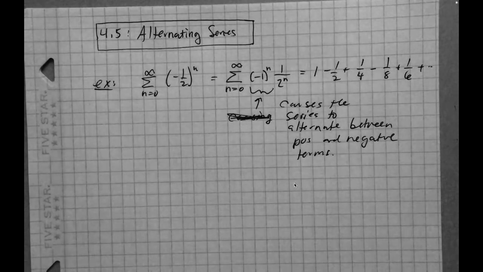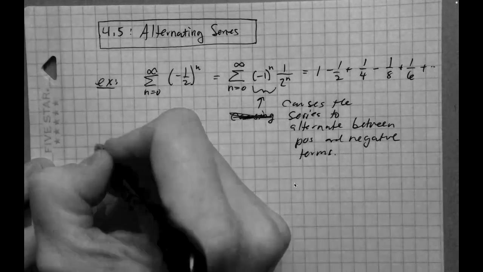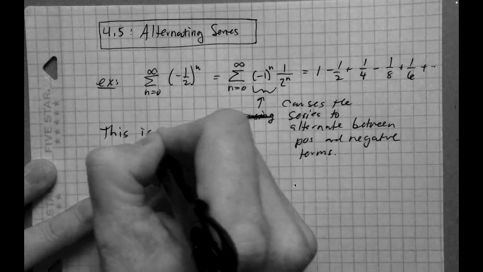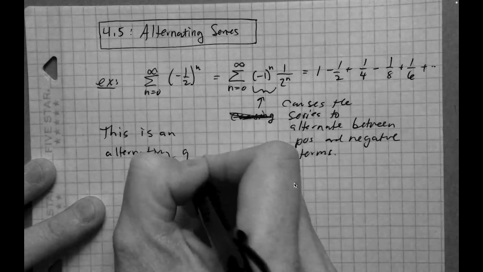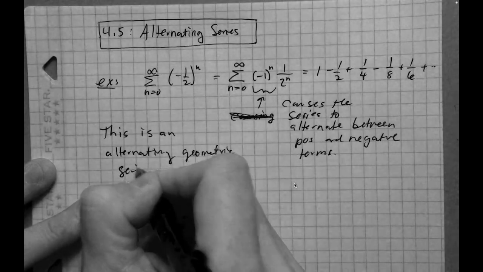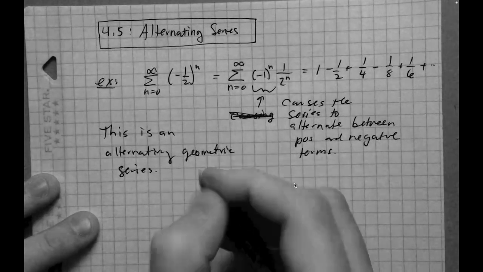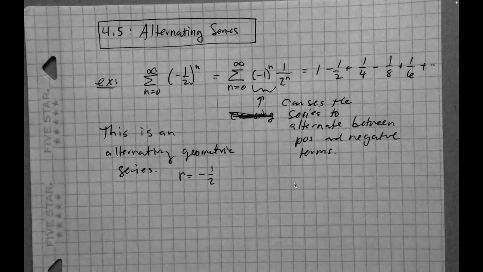This technically is an alternating geometric series. All that really means is that r in this case is equal to negative 1/2. The common ratio is equal to negative 1/2.